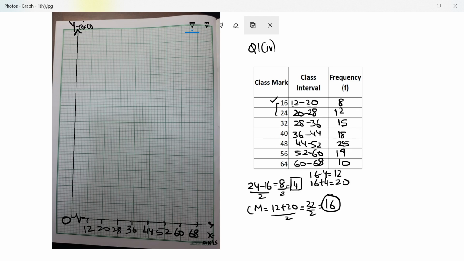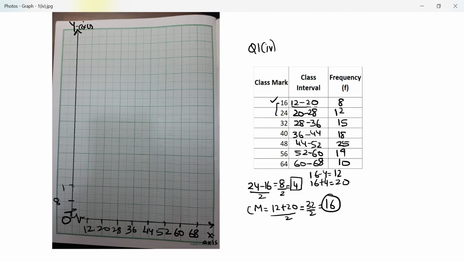Now let's look at the y-axis. I need to start with 8 and I need to go up to 25. So again, if I take 2, 4, 6, 8, 10, 12, 14, 16, 18, 20, 22, 24. No, if I will start with 8, I have to go up to 16. So 8, 10, 12, 14, 16, 18, 22, 24. Perfect. So I can again take a kink even on the y-axis and I can start with 8.